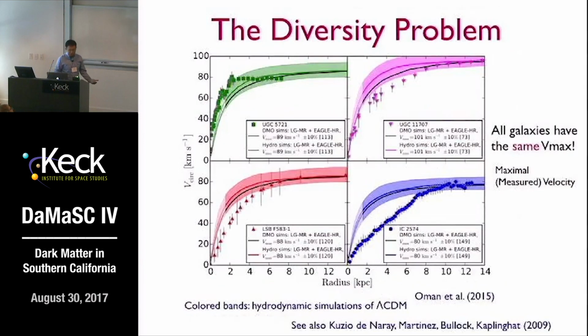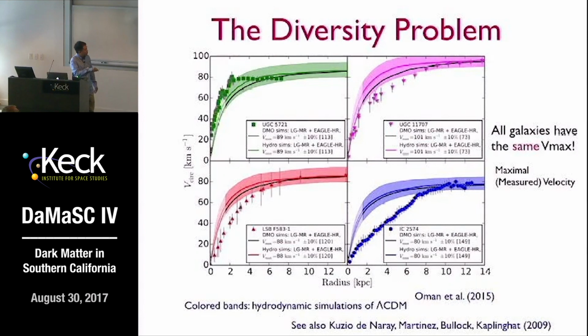So you can make the story more interesting. What you do is you take galaxies that have the same asymptotic circular velocity. So here the Vmax is defined as the maximum observed or measured velocity, right? If you look at these 4 galaxies, you see that they behave very differently in the very inner region. For this galaxy, it reaches Vmax at 2 kpc, but for this galaxy, it reaches Vmax around 10 kpc, right?